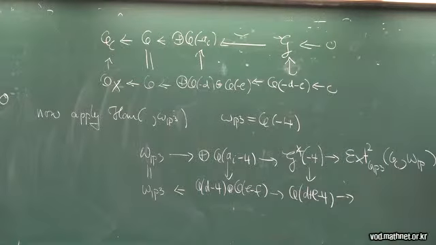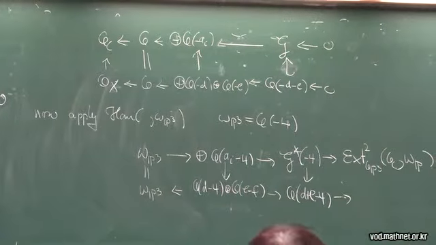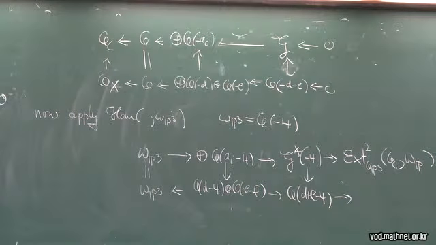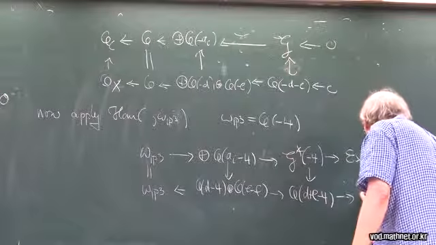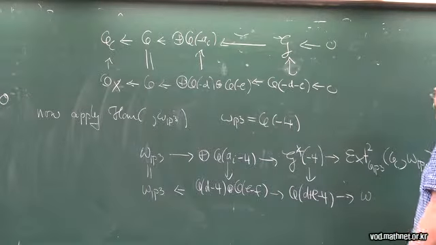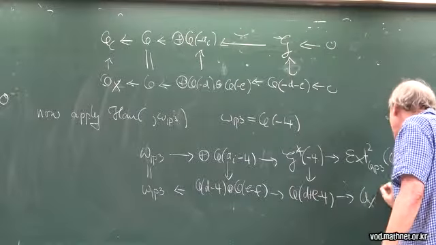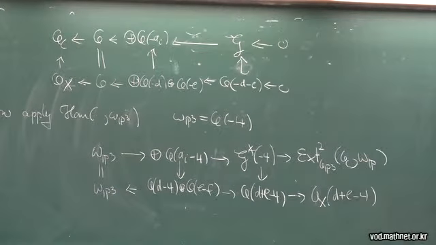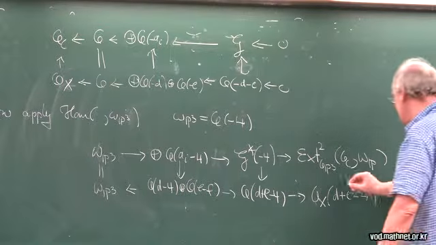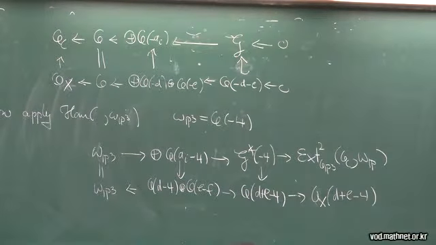And here I have omega of the complete intersection, which is O of D plus E minus 4. And the map goes in this direction.